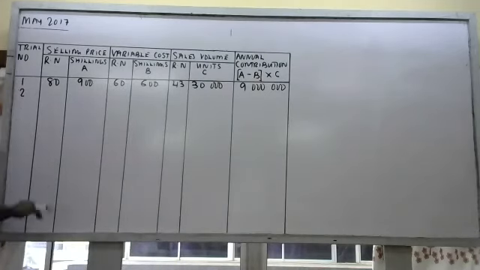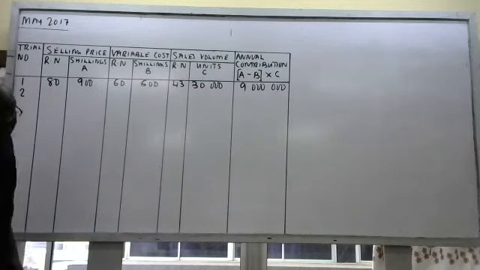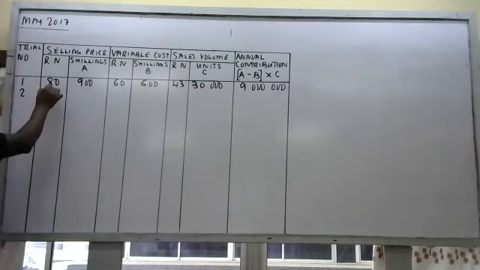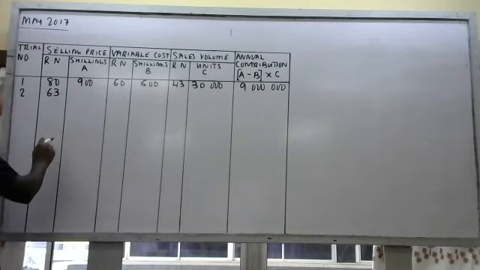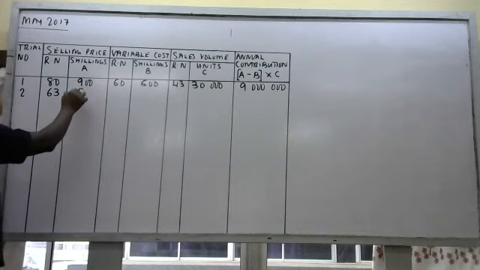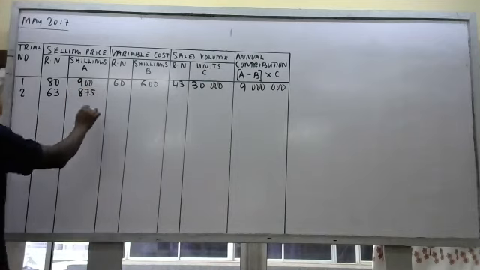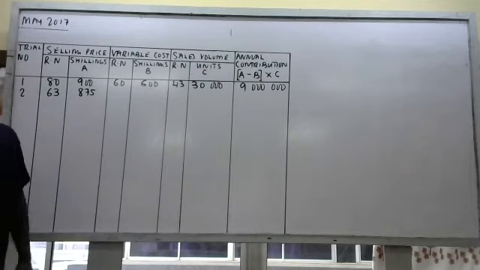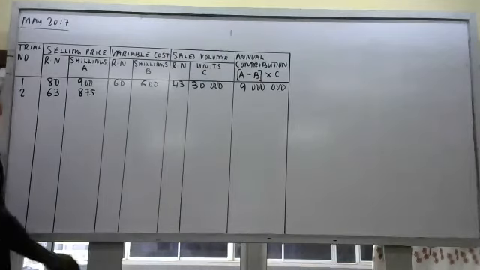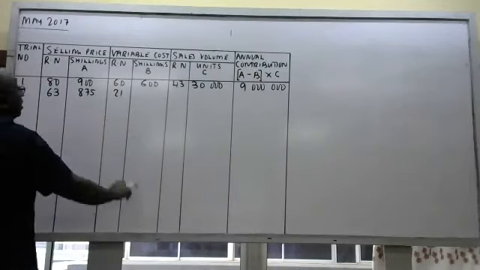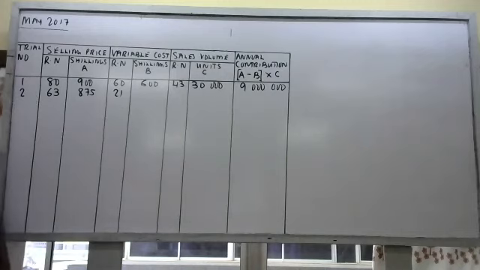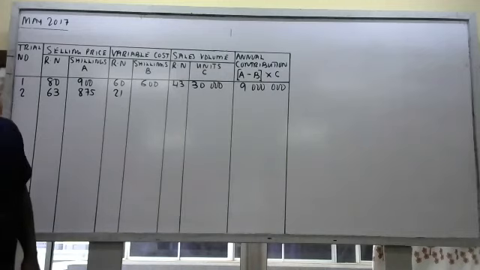Number 2, we have 63. A price of 875. After 63, I have 21. A variable cost of 550.